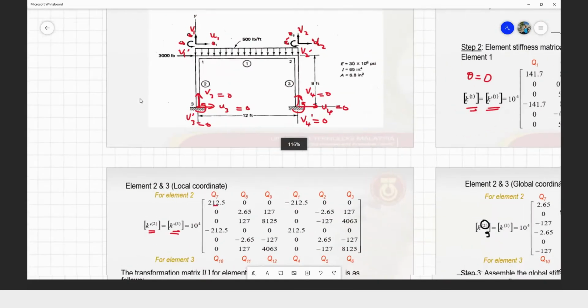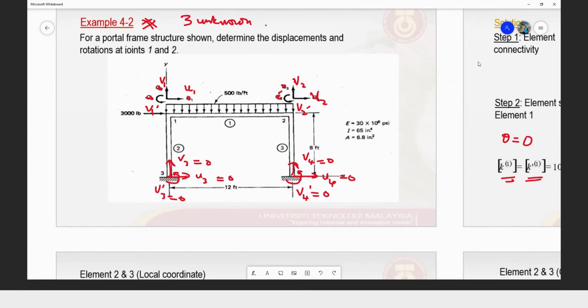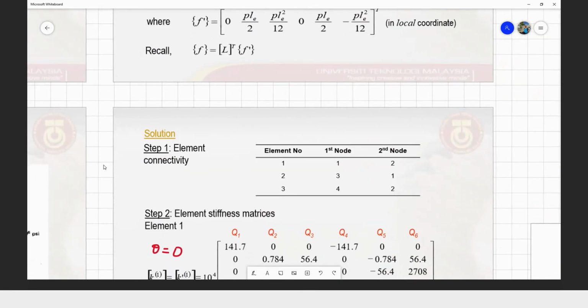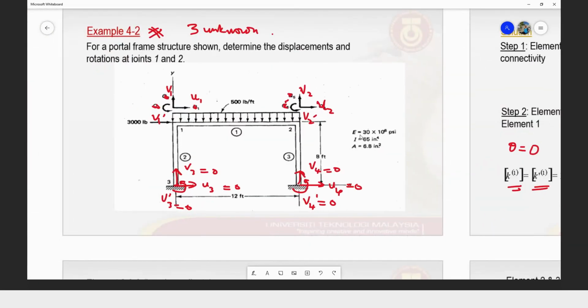So this is our element number 2. In terms of element connectivity, it is connected from 3 to 1.